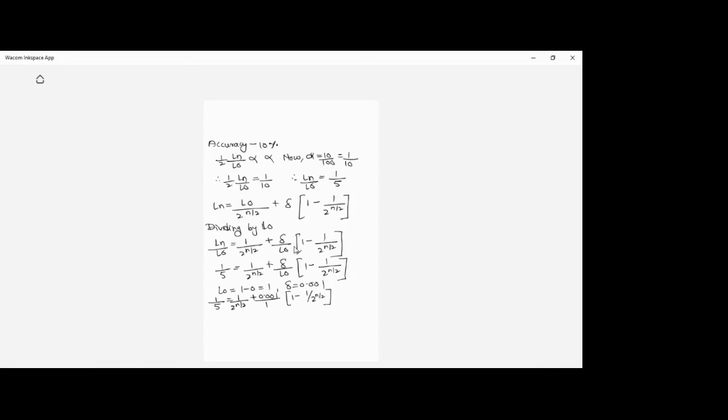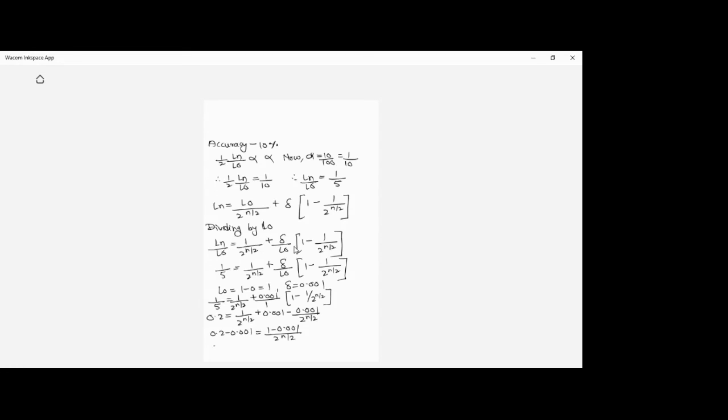We're doing the reductions and all that. So you'll be getting 0.2 is equal to 1 upon 2 n by 2 plus 0.001 minus 0.001 divided by 2 n by 2. So 0.001 can come here. So 0.2 minus 0.001 is equal to 1 minus 0.001 divided by 2 n by 2.